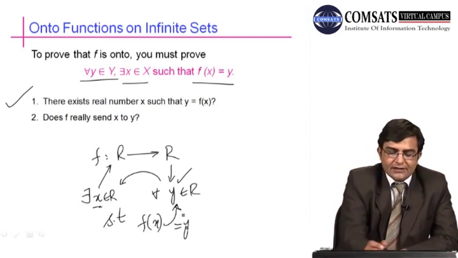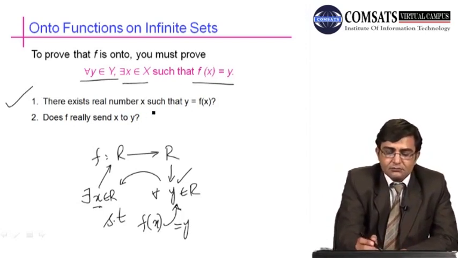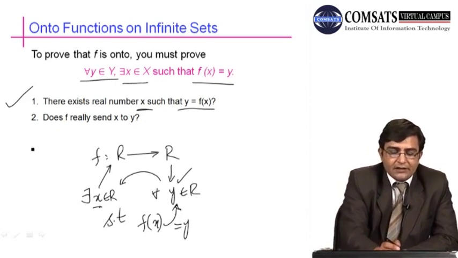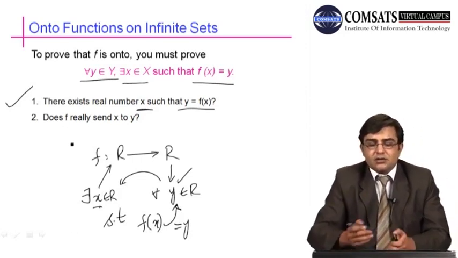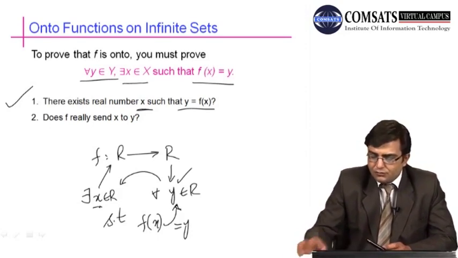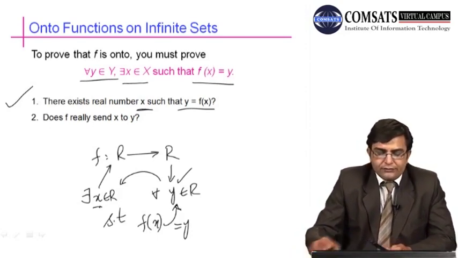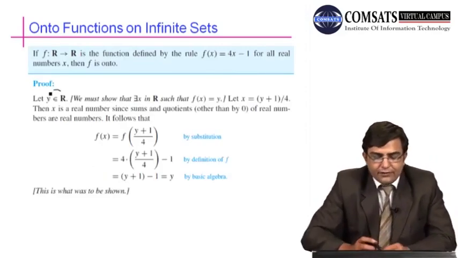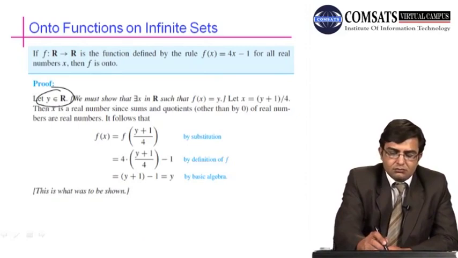First we shall prove that there exists a real number x such that this holds, and then we shall prove that this function f really sends x to y or not. So there are two steps to prove functions to be onto. So first we say let y be any arbitrary element of R.